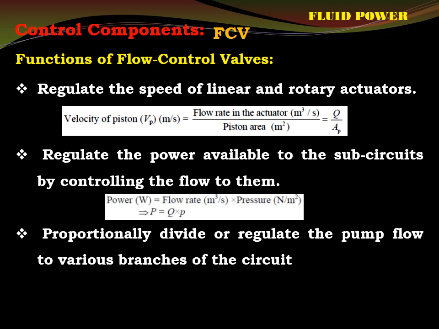As I said, flow control valves allow one fixed displacement pump to supply two or more branches of the circuit at different flow rates, obviously on a priority basis.